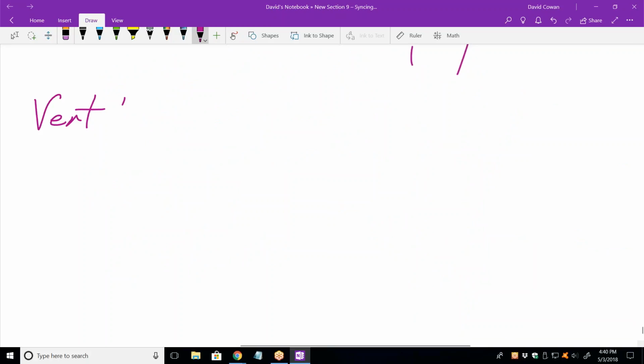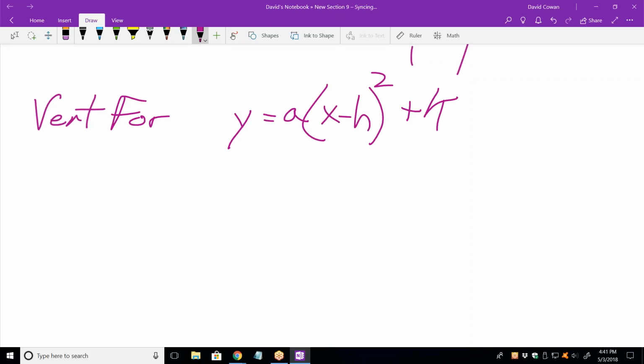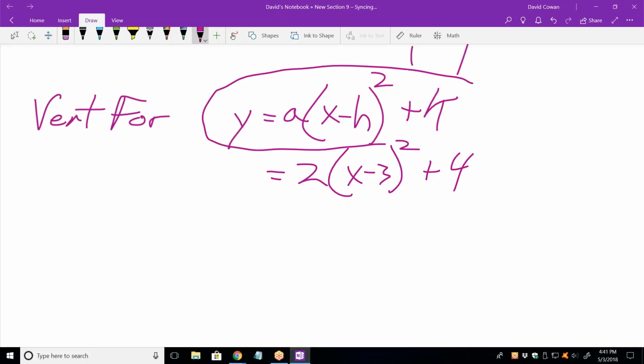In other words, vertex format is this: y equals a times x minus h squared plus k. For example, 2 times x minus 3 squared plus 4. That's called vertex format because you're looking at the vertex. H and k are the vertex.